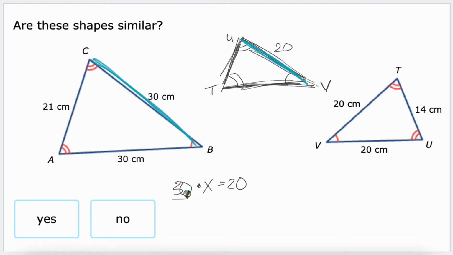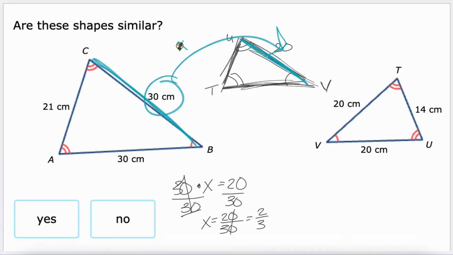So if we divide both sides by 30, 30 over 30 is 1, right? And then x is equal to 20 over 30, which we can simplify to 2/3. So now we know that in order to get from here to here, we multiplied by 2/3.